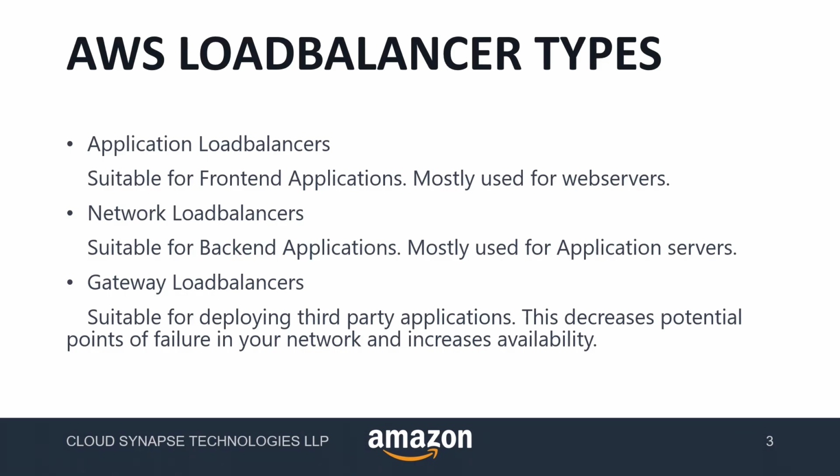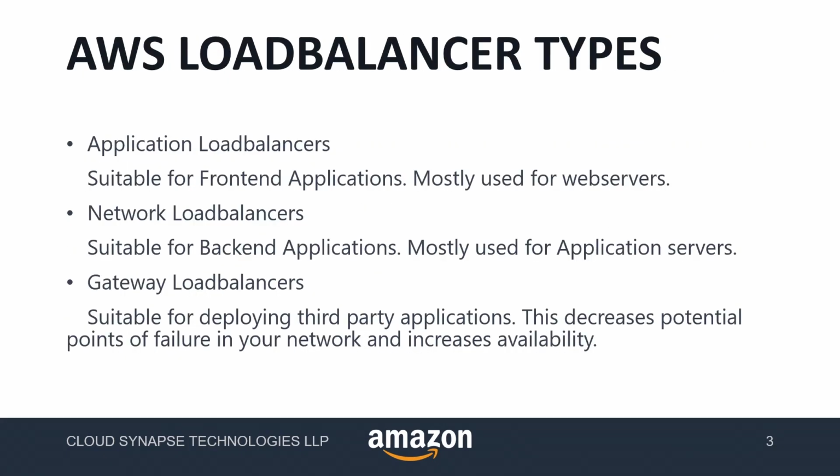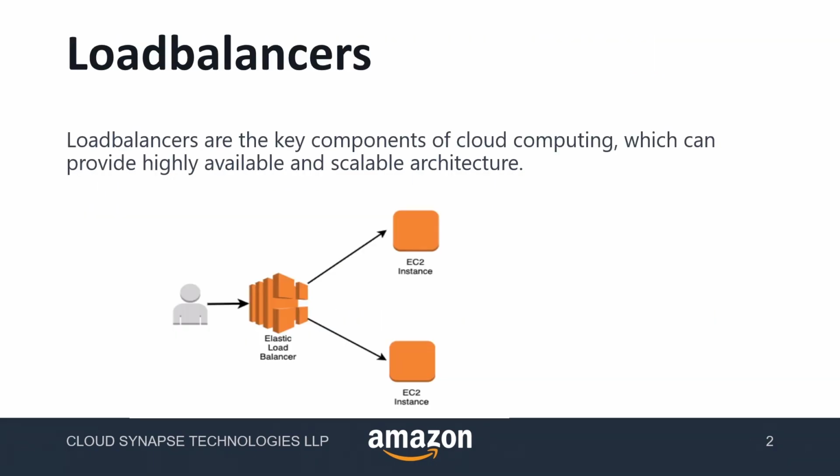So basically, a load balancer will do three things. First, it will split the traffic equally between the servers, and then it will keep checking the health of the EC2 instances. When some server becomes unhealthy, it will bypass the traffic to another EC2 instance.